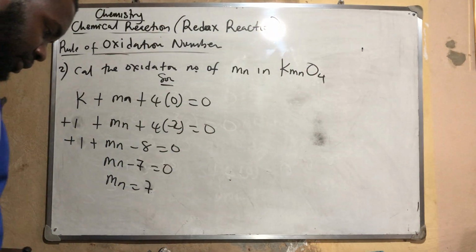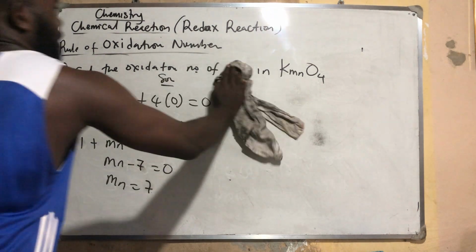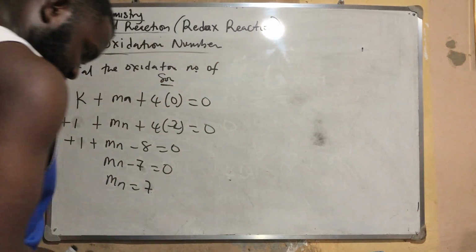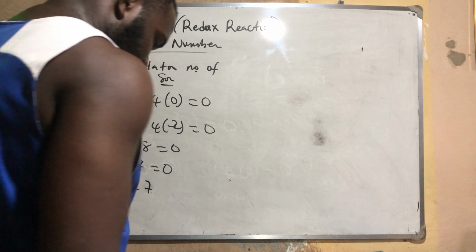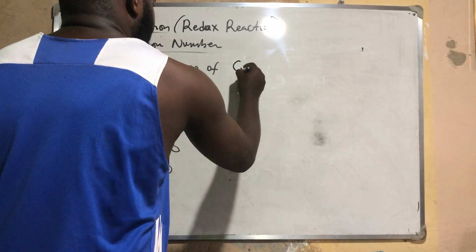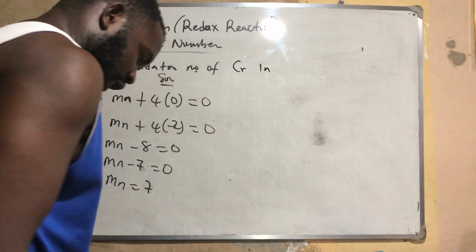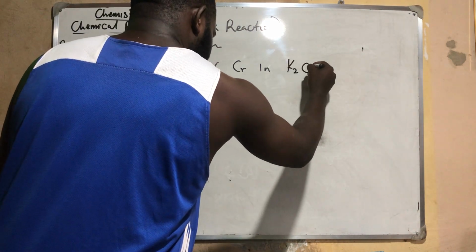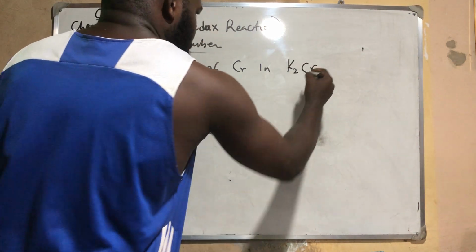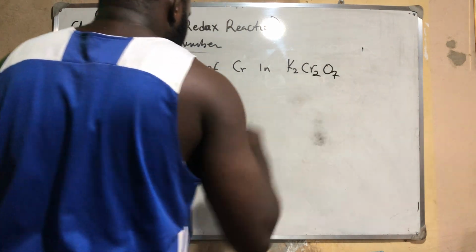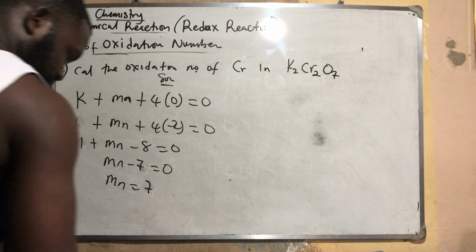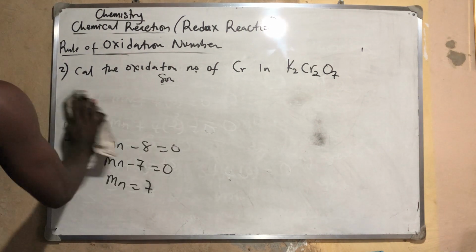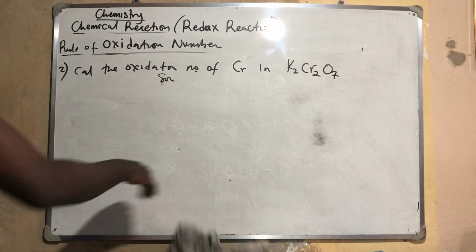All right, so the next one, they say calculate the oxidation number of Cr in K2Cr2O7. All right, okay. So what do we say?